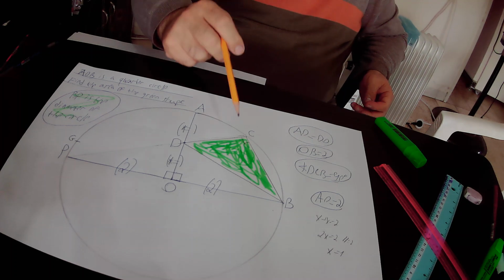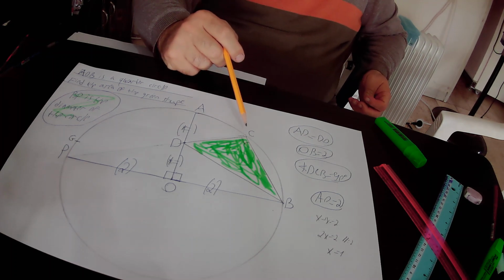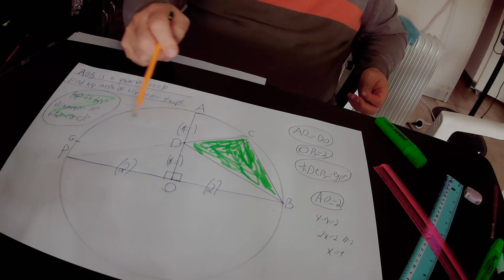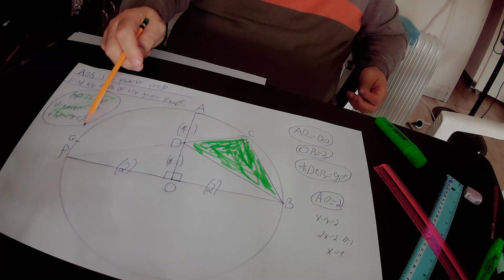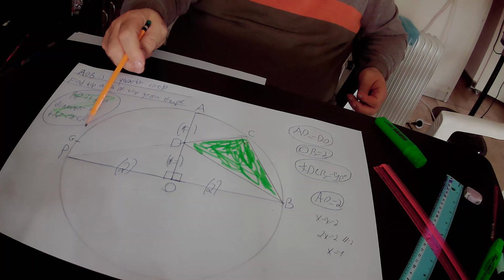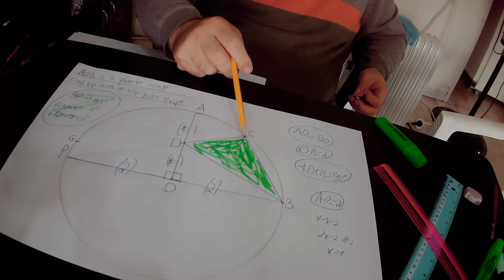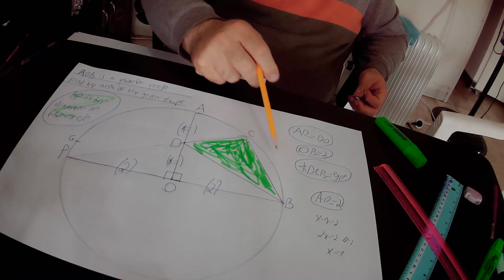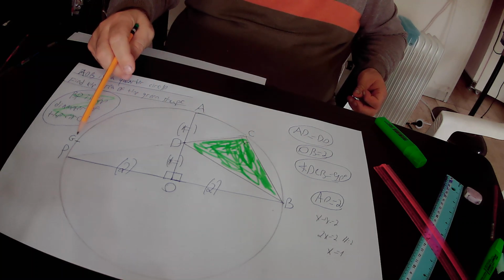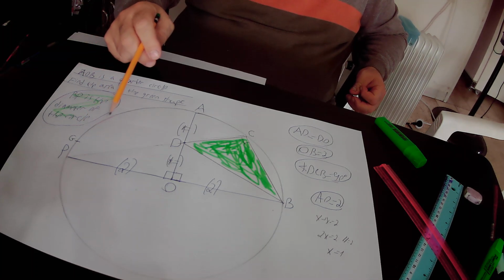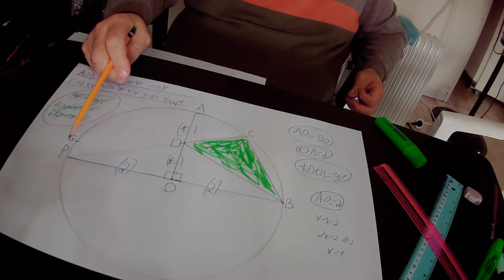So our assumption that the extended side CD will touch the circle at point G gives us a contradiction, because we would have peripheral angle BCG equal to 90 degrees that doesn't subtend on the diameter of the circle, that is BP.